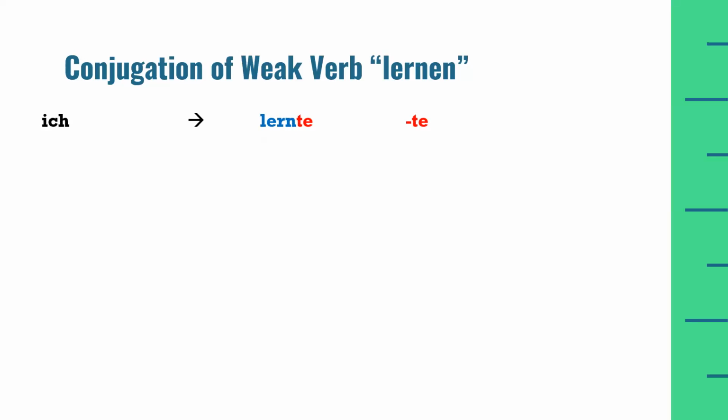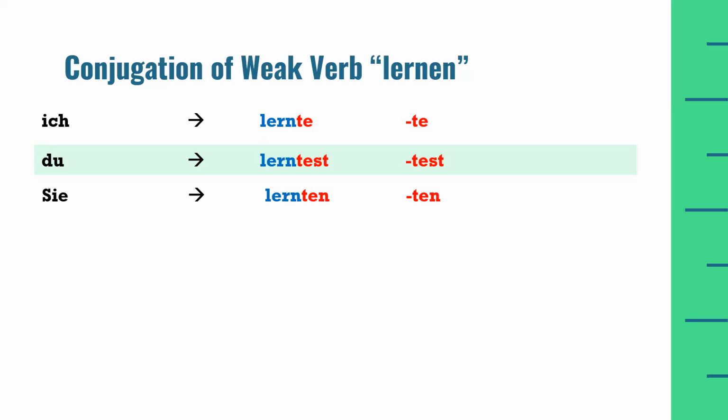If the subject is ich, then lernen becomes lernte, which means I learned. If the subject is du, then lernen becomes lerntest in past, which means you learned. Sie lernten, second person formal.